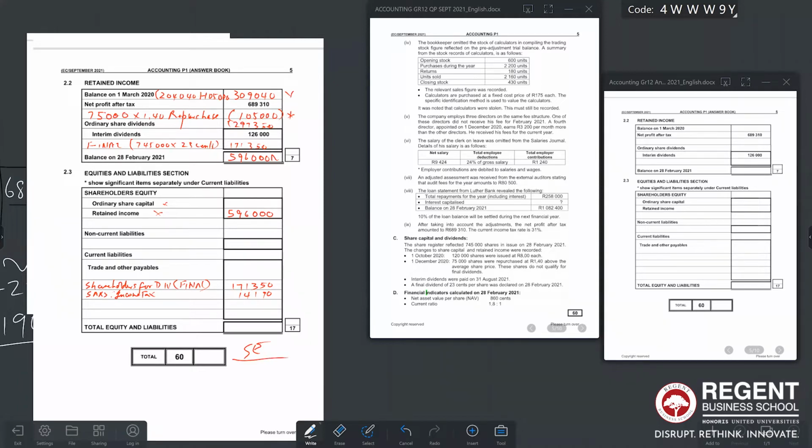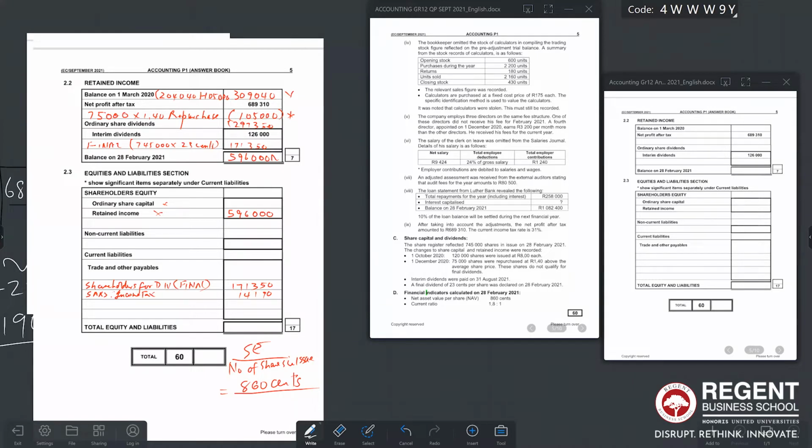Shareholders' equity divided by the number of shares in issue at the end of the year, times 100 over 1, and you'll get your answer in cents, which is, in this example, 860 cents.